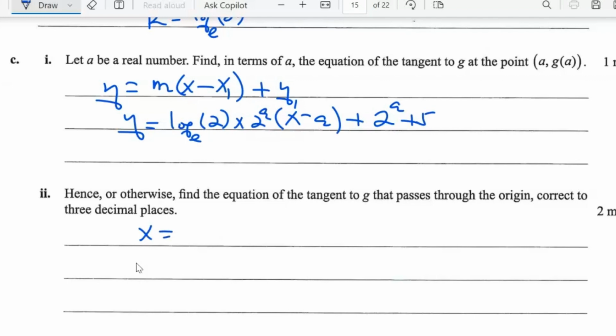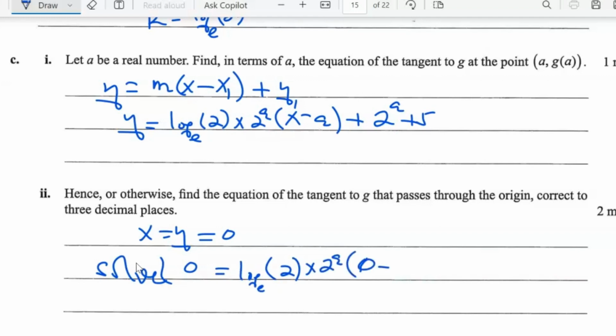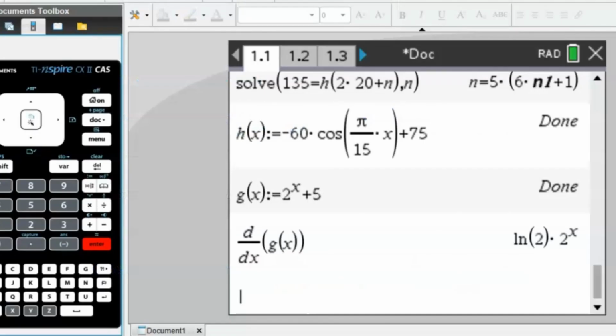Hence, or otherwise, find the equation of the tangent to g that passes through the origin. The origin x and y are both 0. So if I solve for that, I want to get the value of a first, when y equals 0 and x equals 0 as well. What do I get?